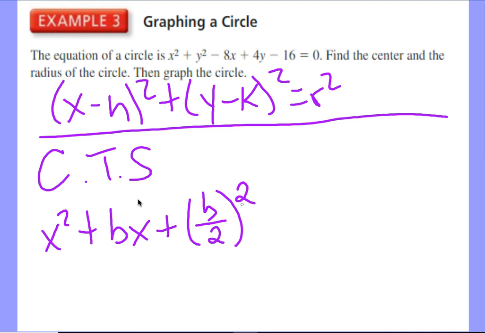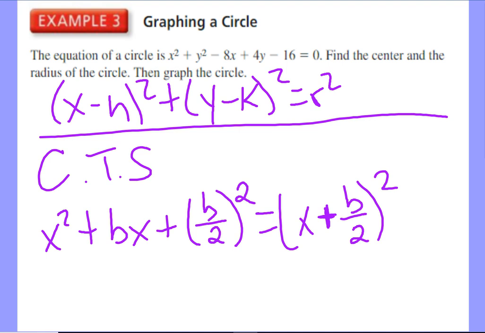It's not going to be h, but the same concept. This factors to (x + b/2)^2. Oh, I'm sorry, not minus, but adding. I don't know why I put minus in there. Adding (b/2)^2.